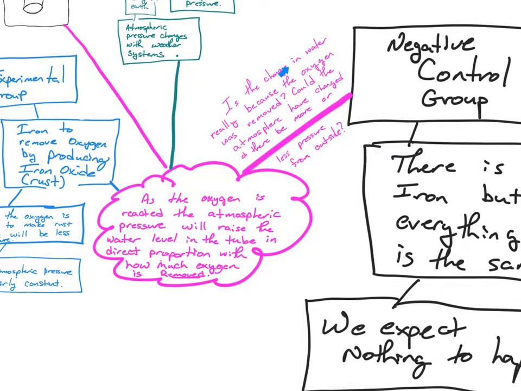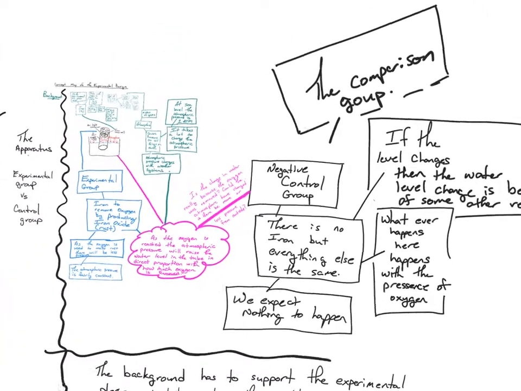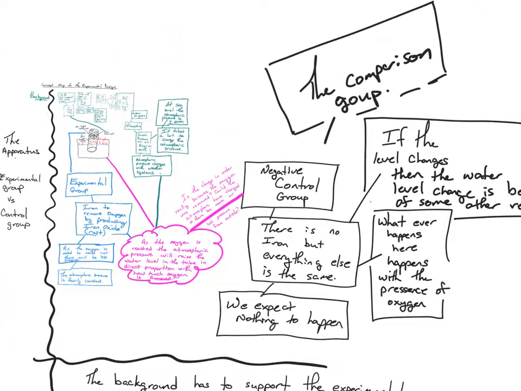Now, is the change in the water really because of the oxygen, because oxygen was removed? Could the atmosphere have changed and there be more or less pressure from the outside? Well, the negative control group answers that question. It allows us to make sure that any change that happens in the experimental group is because of the iron and oxygen reacting, not because of some other factor. So this control group is very important.